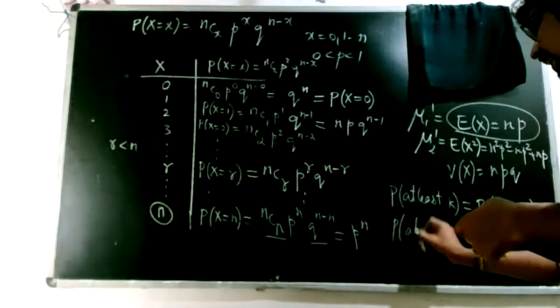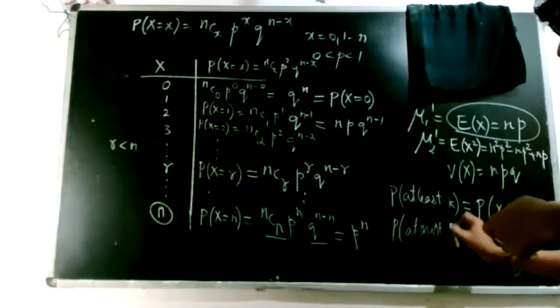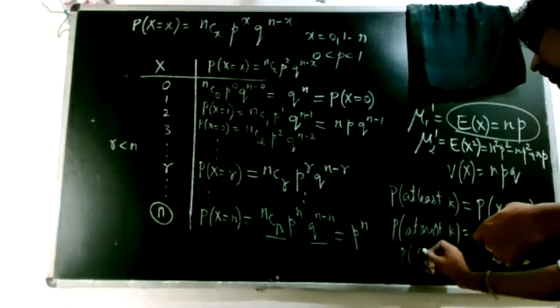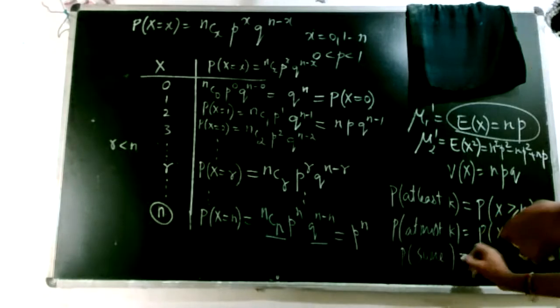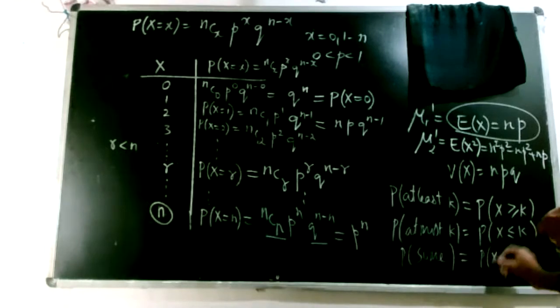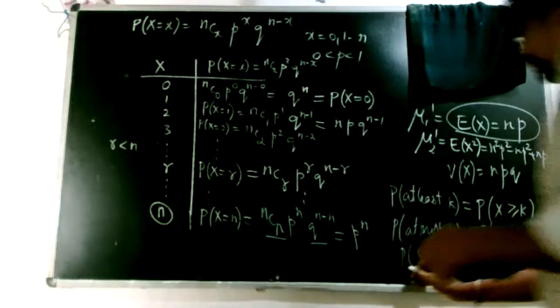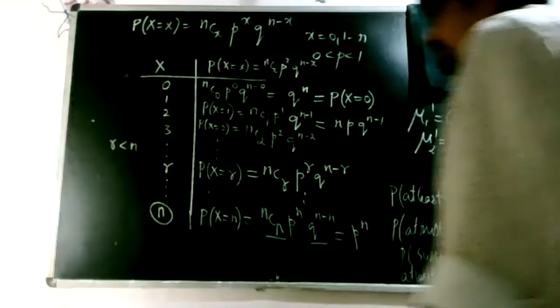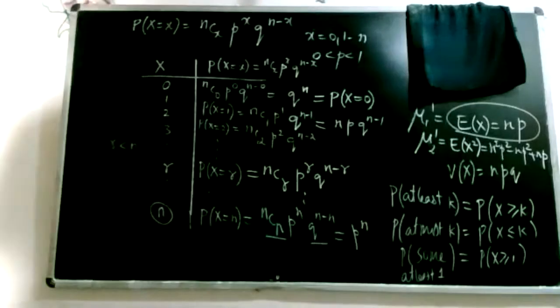At most k is nothing but x less than or equal to k. And the probability of some is nothing but at least 1. So you can use the formulas and derive the probabilities.